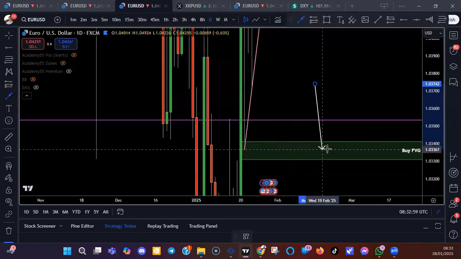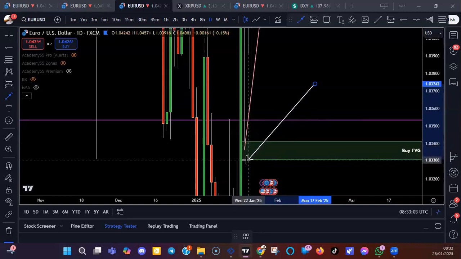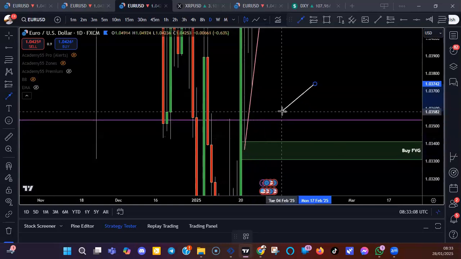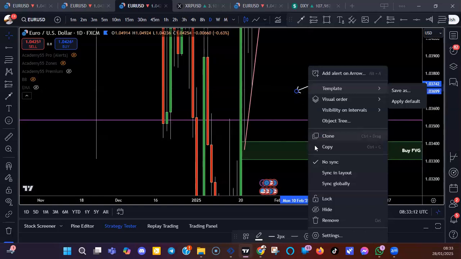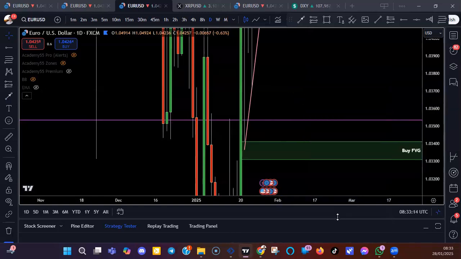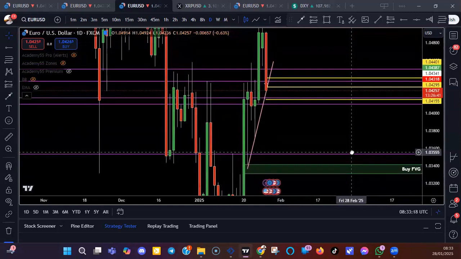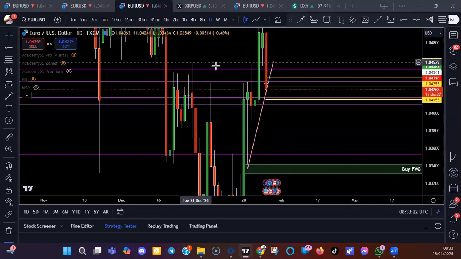So therefore this area here needs to be leveled up. But that's a long way away yet, but nevertheless it needs to be leveled up. Price loves balance. But now doing that it's creating its own imbalance up here.